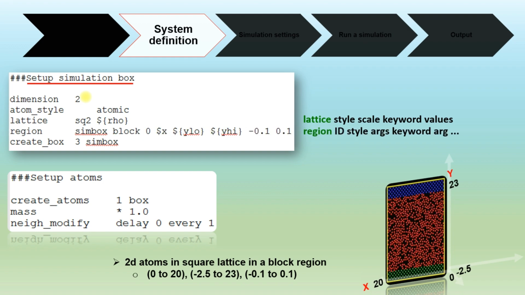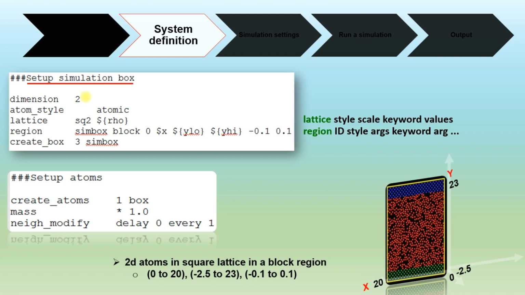Next is the region command. Its syntax is region, ID, style, arguments, keyword and its related arguments. ID is a user assigned name for the region, which is simbox here.